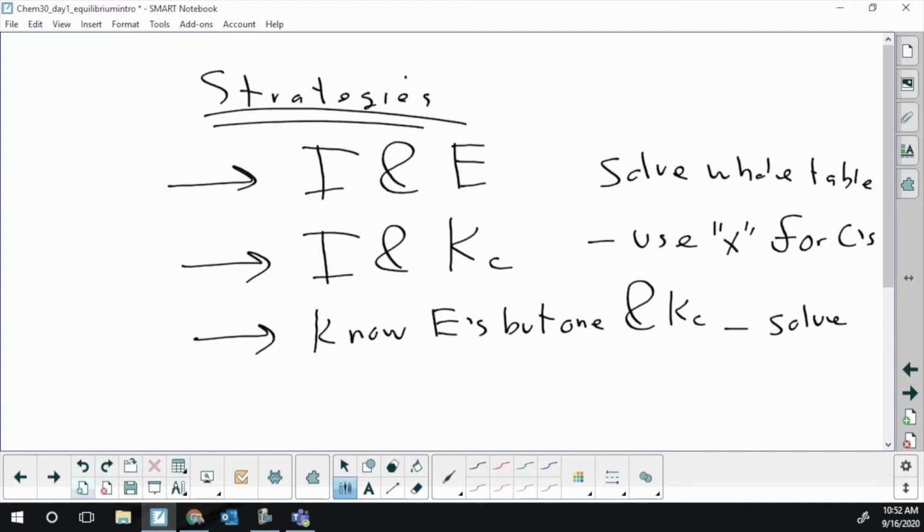You're going to be able to plug in and solve an equilibrium law expression right away. You actually don't even really need an ice table. You just need to know an equation. You're going to have an equilibrium law expression with one missing piece, whatever that missing E is. You're just going to rearrange it and solve for it.